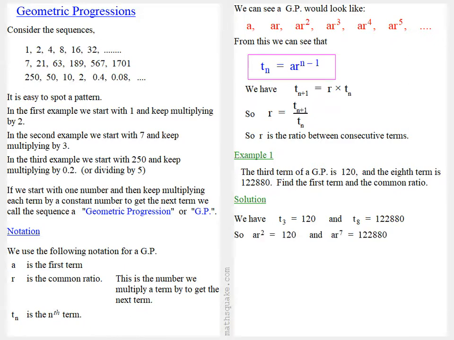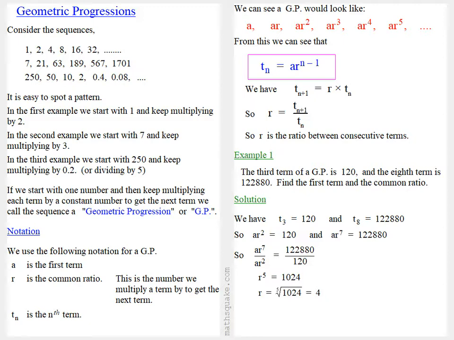So AR squared is 120 and AR to the 7 is 122,880. So AR to the 7 divided by AR squared is 122,880 over 120. And that cancels down to R to the power 5 is equal to 1024. So R is the 5th root of 1024, which is equal to 4.